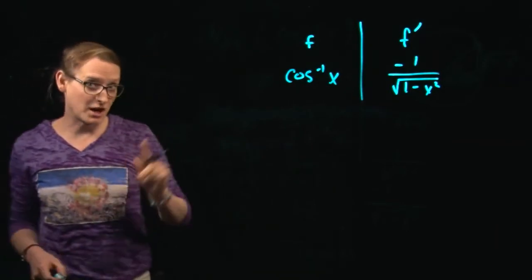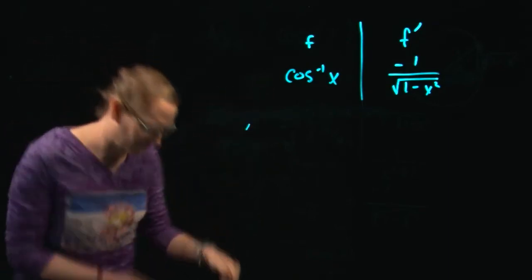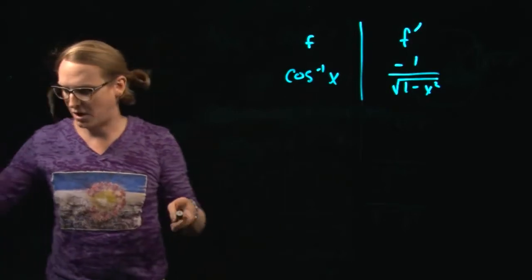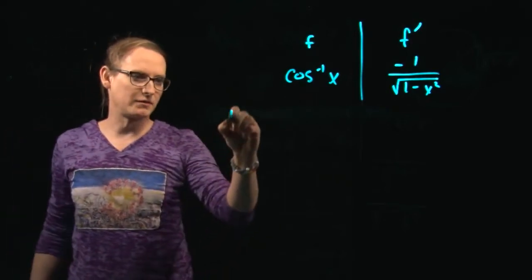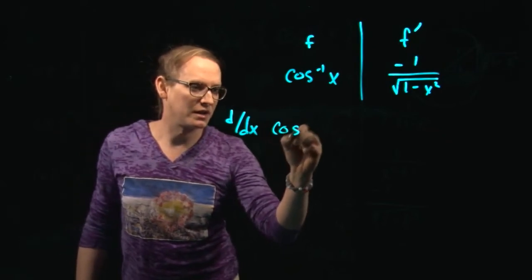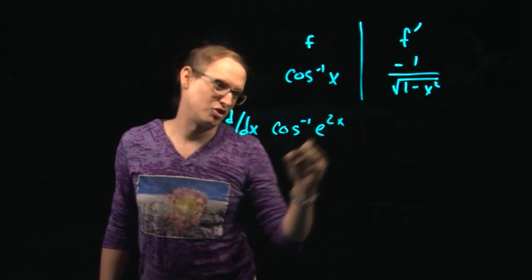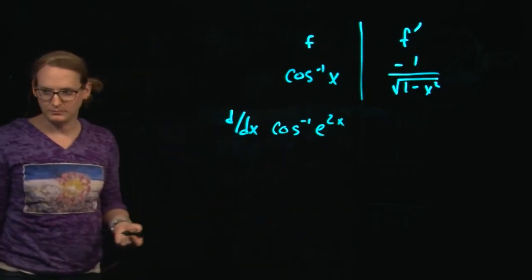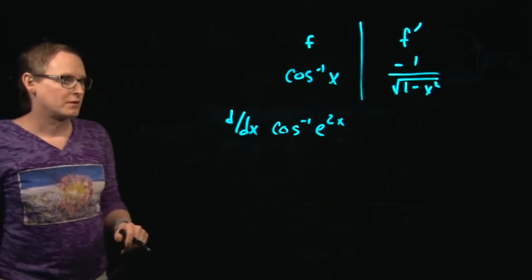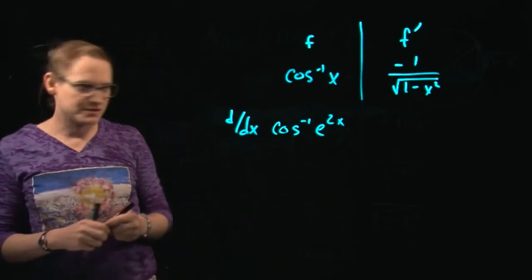So using the chain rule, my friends, we can now take the derivative of expressions involving arc cosine just by using that formula. So let's take the derivative. Let's take dx of cosine inverse of e to the 2x. Perfectly reasonable thing. So this is the composition of functions, right?